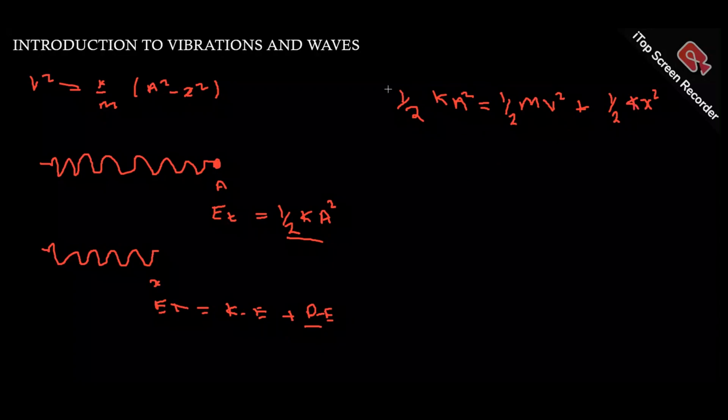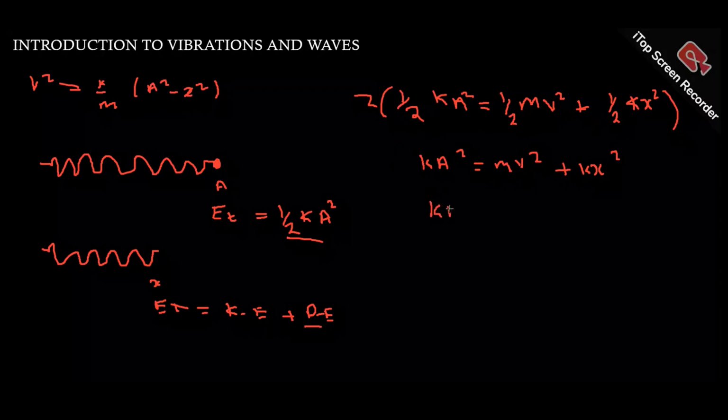Okay, then what we're going to do is multiply this equation by 2, so that we have K. So when we multiply by 2, 2 divided by 2 is 1, and everything will be just 1, 1, 1. Then from there we're making V the subject.